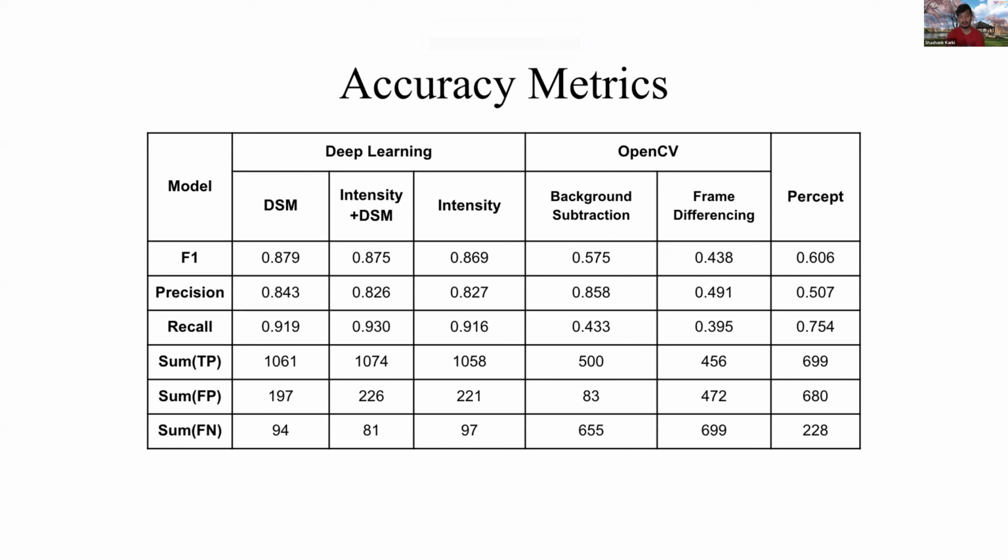And OpenCV, both of the methods are not the best, but I think they're pretty good regarding the precision, and for the background abstraction specifically. So these are the values. I think I'm pretty happy with all the methods. I wish I had spent more time on the frame differencing one, but it's not giving me the best results.